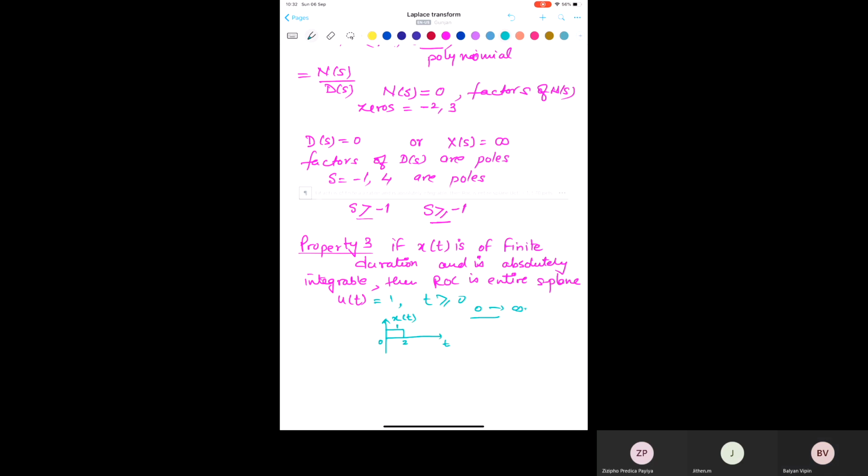When this is the case, we will see in the questions that the ROC will be the entire S plane. When I say entire S plane, it means it exists for any value of s. Okay. Now property 4.